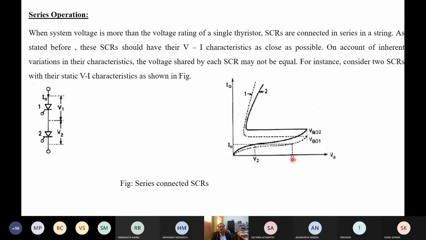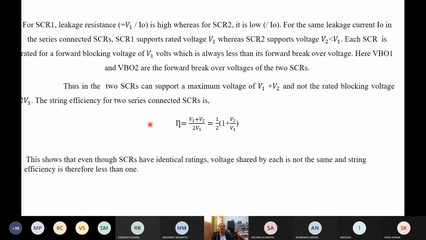Suppose V1 is the actual voltage that both thyristors should block, that means V1 plus V1, 2V1. But here, for a leakage current I0, the voltage blocked is V1 plus V2. So the string efficiency, V1 plus V2 divided by the number of thyristors times the actual voltage to be blocked by a thyristor, is less than 1.